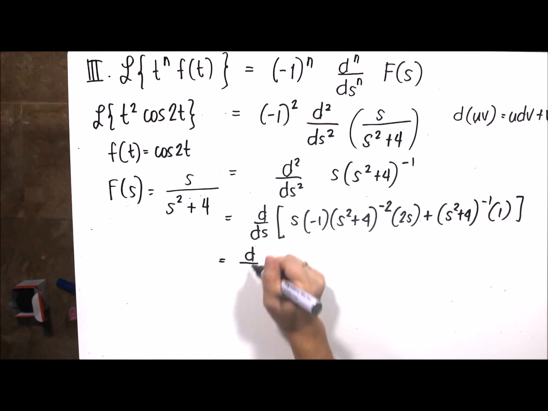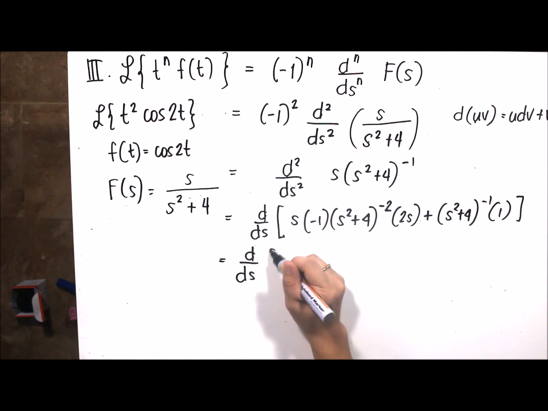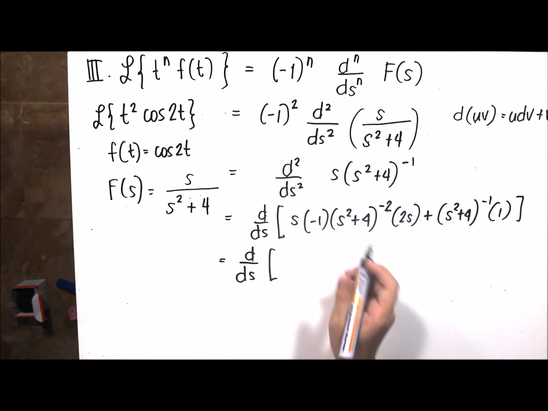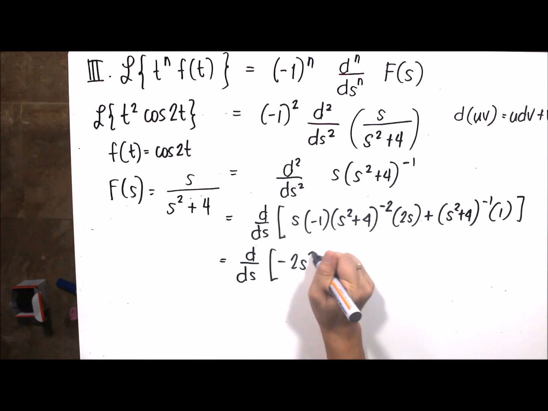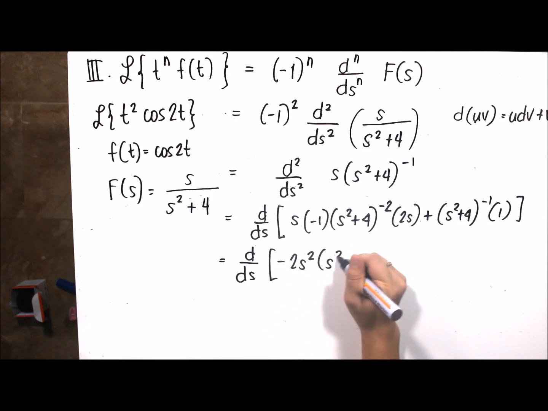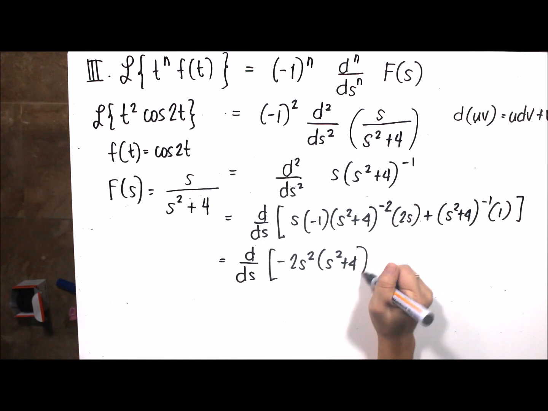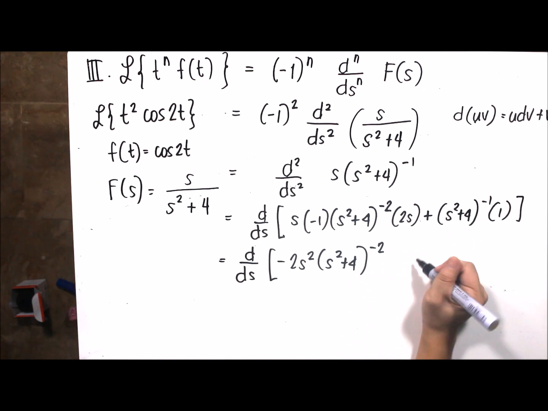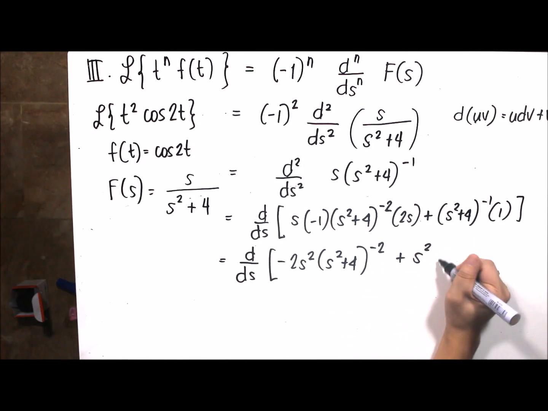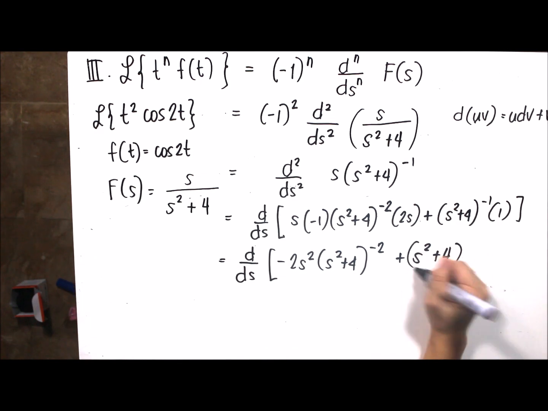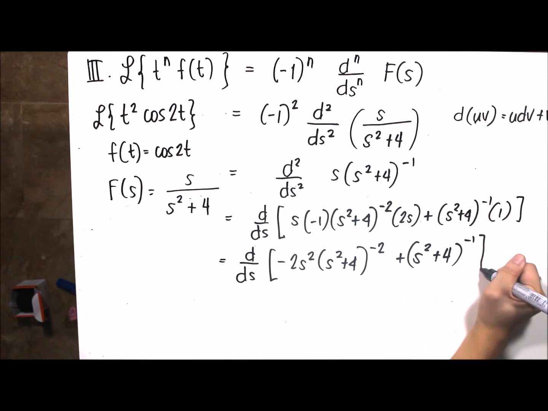Simplifying first before we apply the second derivative, we have negative 2s squared times s squared plus 4 raised to negative 2 plus s squared plus 4 raised to negative 1.